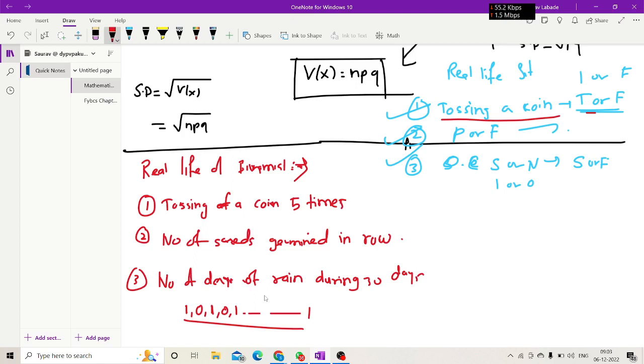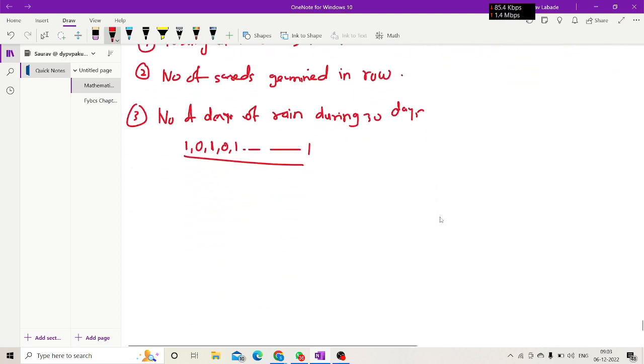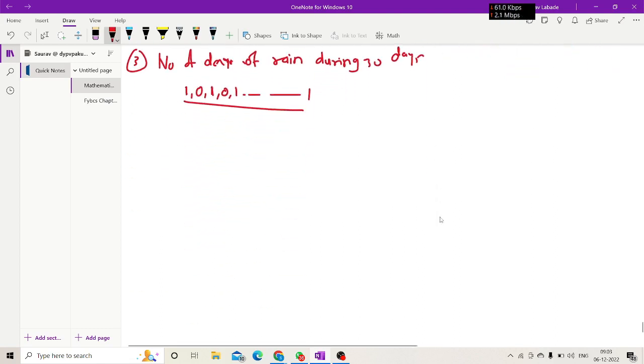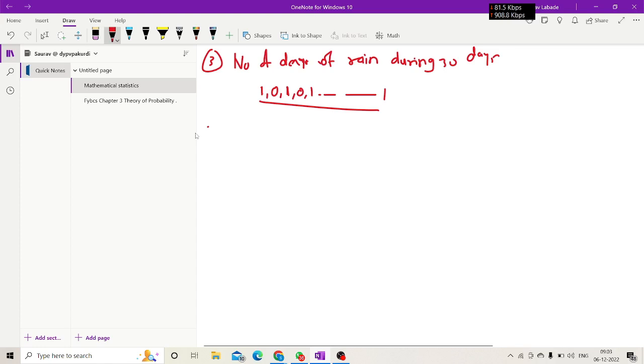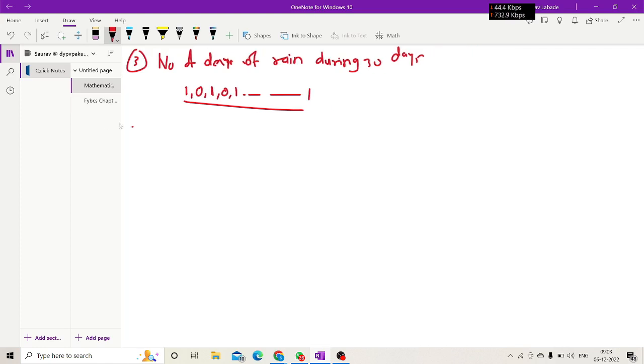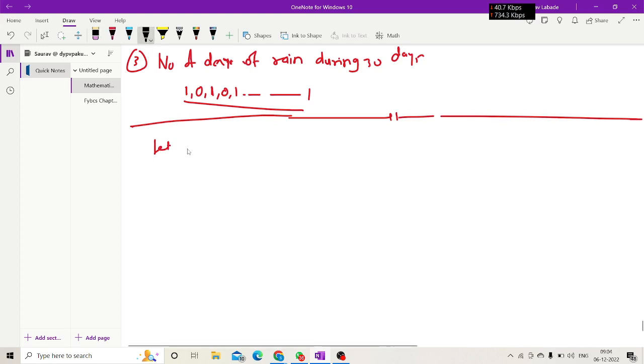In this, we will try to solve one example related to the binomial distribution. Let X follow a binomial distribution with parameters 10 and 0.4.